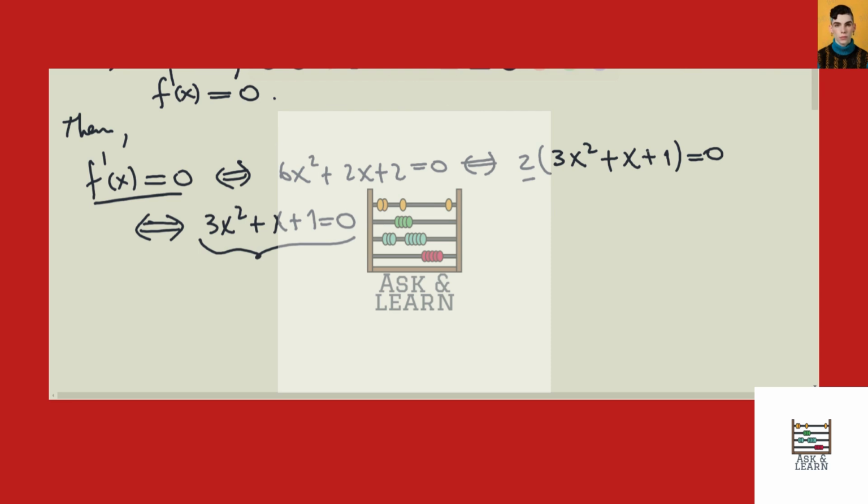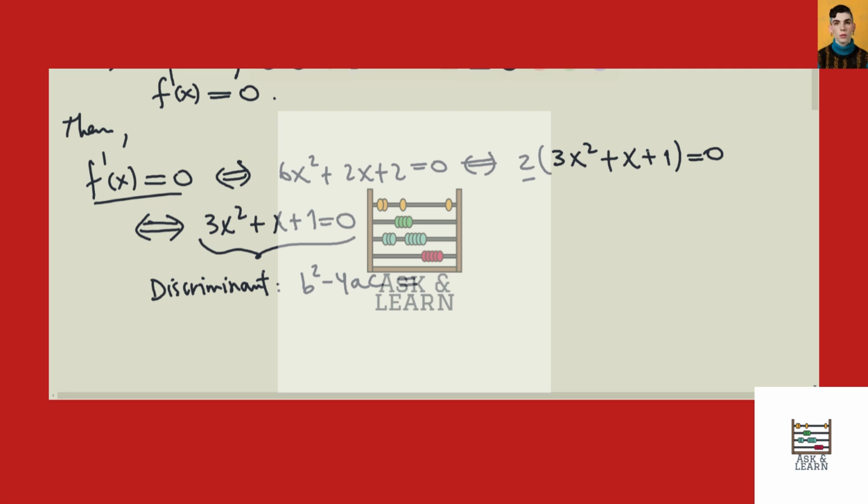So let's find that by applying the formula, or better, we're going to calculate the discriminant of this equation, because it's a second degree polynomial equal to 0. So we use the discriminant expression, which is b squared minus 4ac, where b is the coefficient of x to the 1, a is the coefficient of x squared, and c is the independent term.